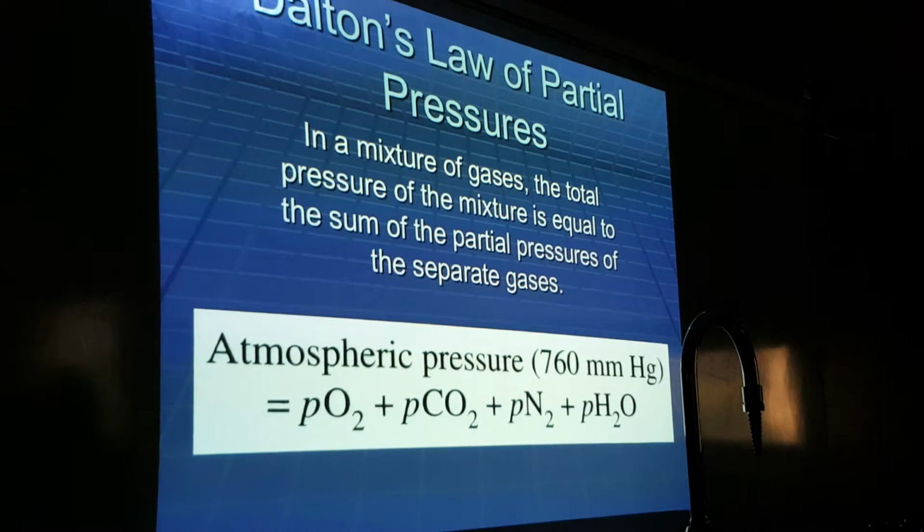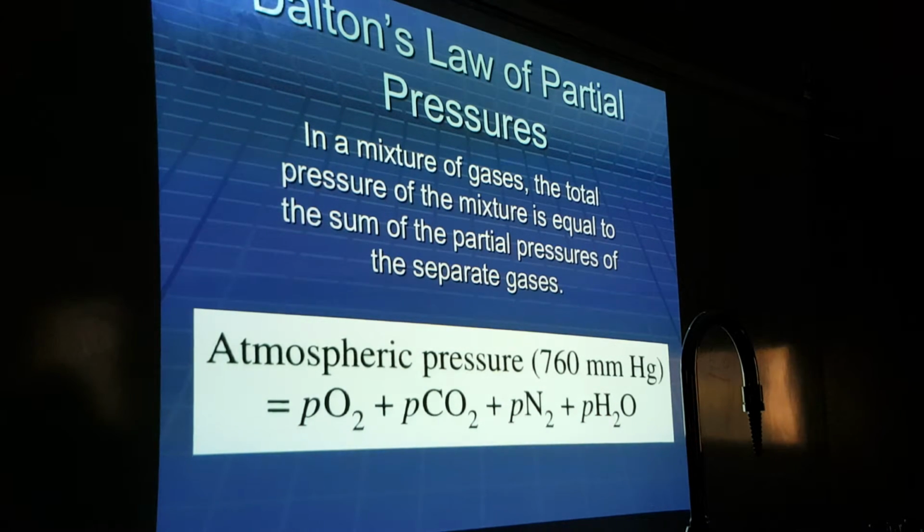Dalton's law of partial pressure merely says that in a mixture of gases, the total pressure of the mixture, and of course, if we're talking about air, the total pressure is going to be 760 in Brookings, isn't it? And so if you took each one of the gases out and measured its pressure separately, and wrote it down, all the numbers would add up to 760.